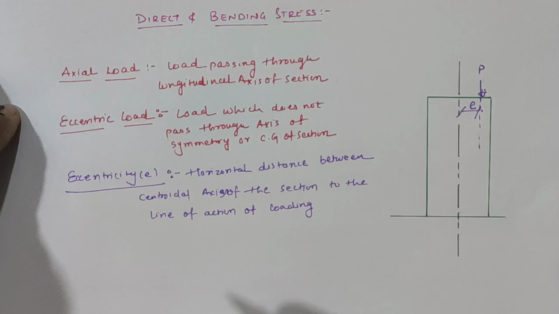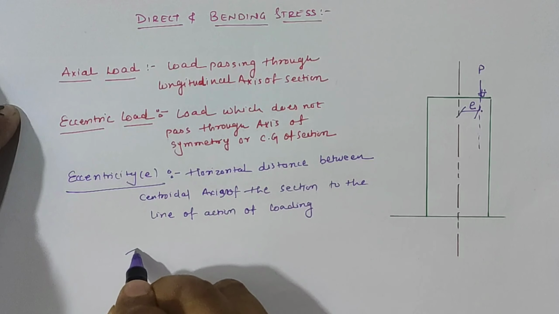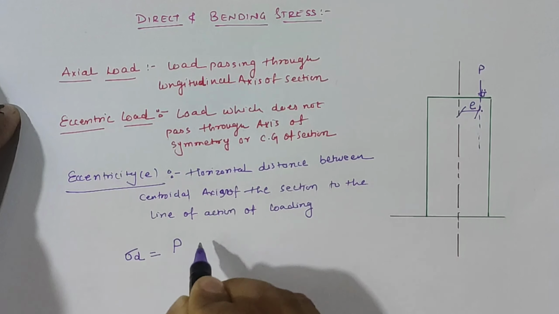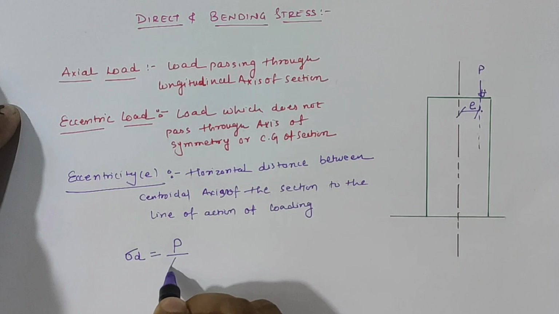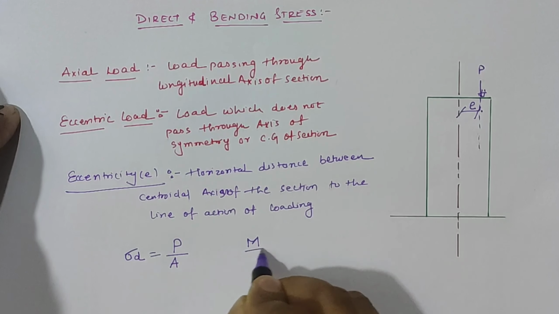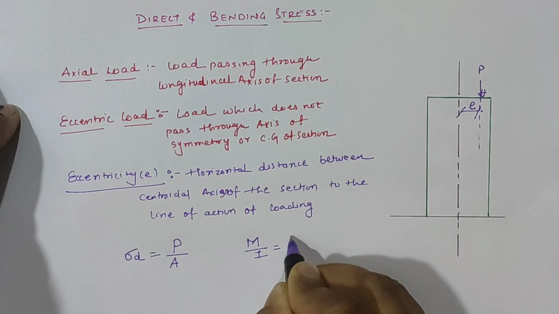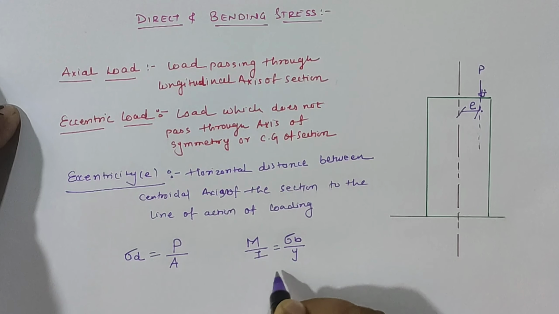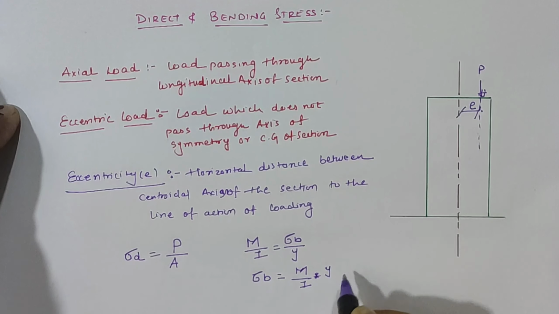So we know that the direct stress can be defined as the ratio of resistance to the cross sectional area, and for bending stress we have the equation M by I equals sigma, which is bending stress, divided by y. So bending stress can be written as M divided by I into y, or we know that I by y is Z. So bending stress is nothing but M by Z.